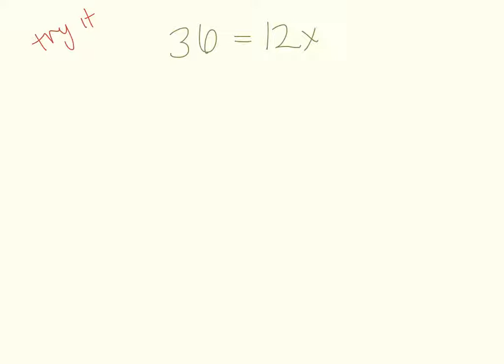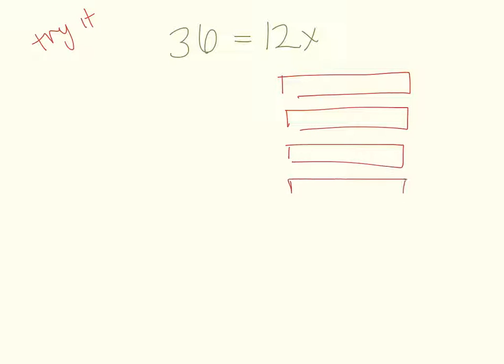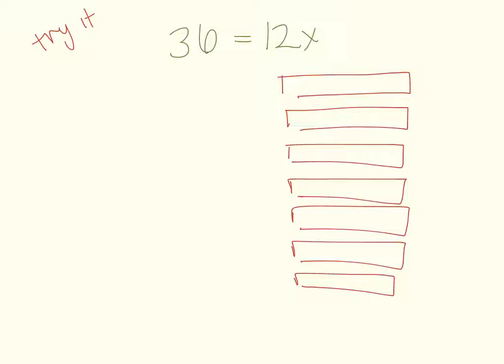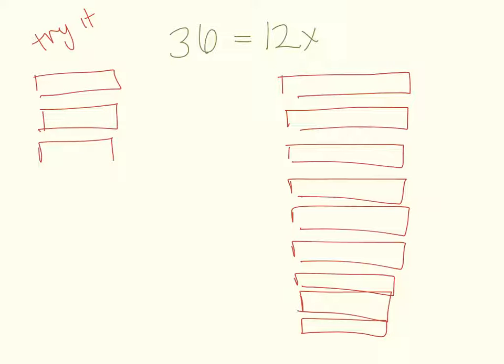Alright. So, I was to draw out 12 x's. 1, 2, 3, 4, 5, 6, 7. Oh, I'm not even going to have room. 8, 9, 10. Let's see, what if I draw 10, 11, and 12.